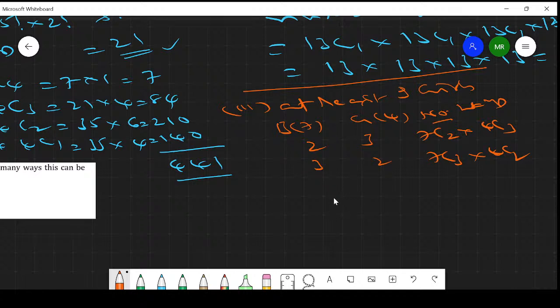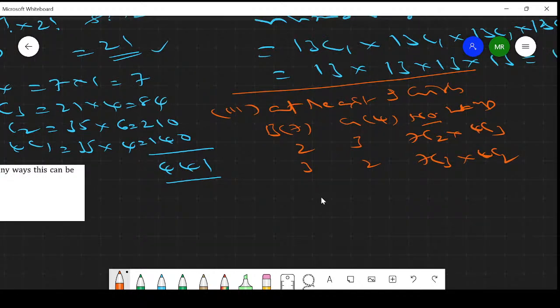They are talking about at least 3 girls, which means I have taken 3 girls and 2 boys. Sorry, I have written wrong here. At least 3 means this will be 4, this will be 1. Don't confuse this. At least 3 girls means 3 girls minimum, 4 girls maximum. It will come 7C1 into 4C4.